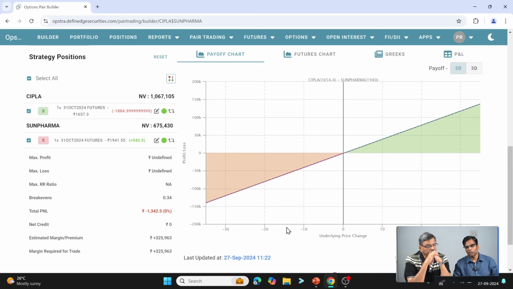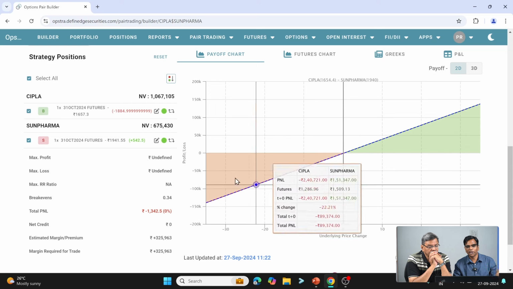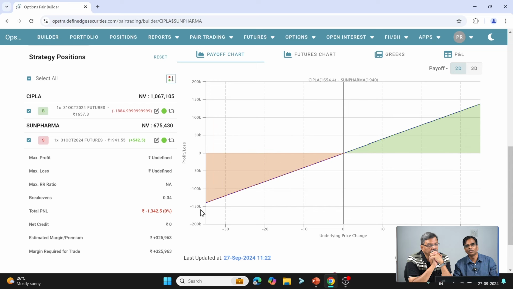So this is how the payoff chart looks. It is slightly different from the option strategy payoff. The x-axis is actually the price change, and not the underlying price alone, and on the y-axis you have PNL.